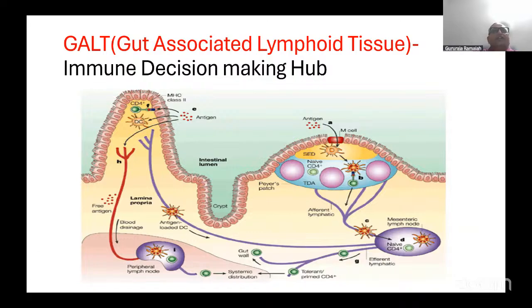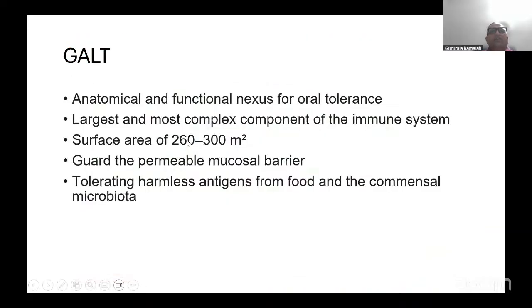It's the largest and most complex component of the immune system, with a surface area of around 260 to 300 square meters. It is strategically positioned to guard the permeable mucous membrane barrier and is tasked with a dual mandate of defending against pathogens while tolerating harmless antigens like food antigens and the commensal microbiota.